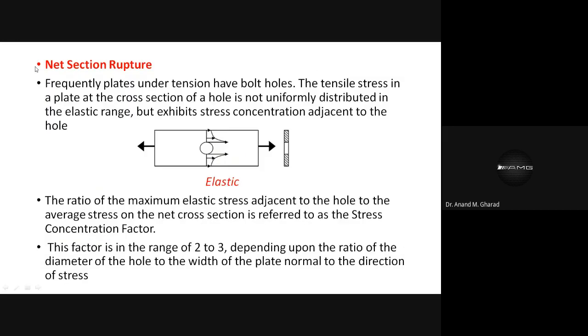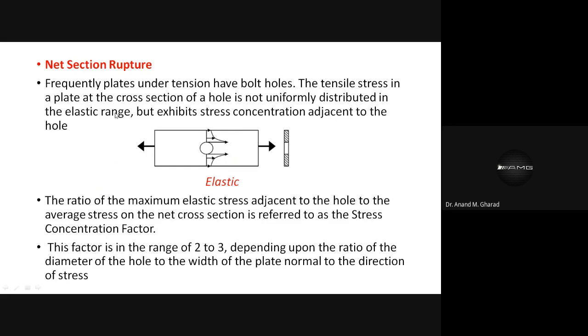Second is net section rupture. What happens? The solid plates, as I have told you, in order to form the bolted connection, holes are generated. They are driven, isn't it?